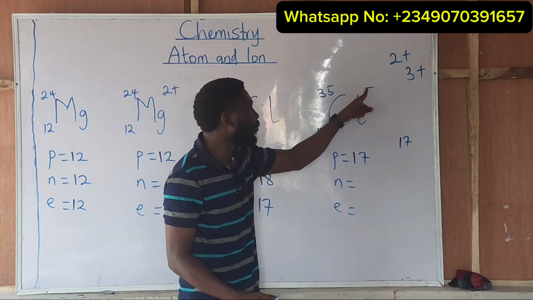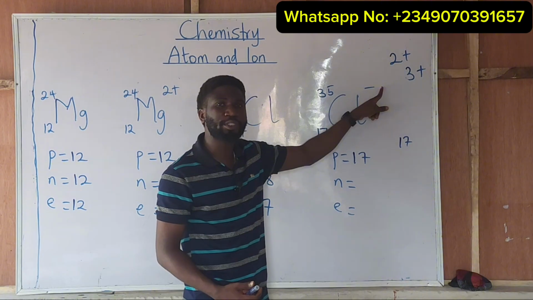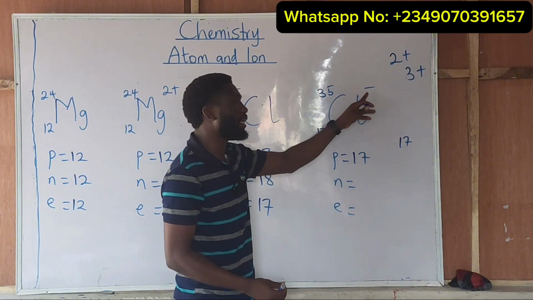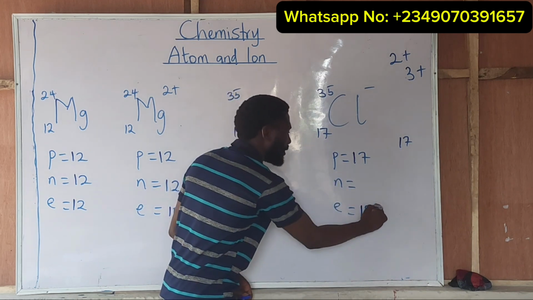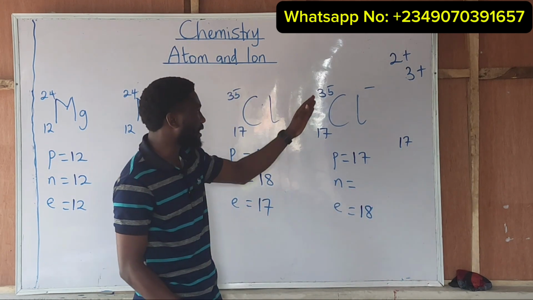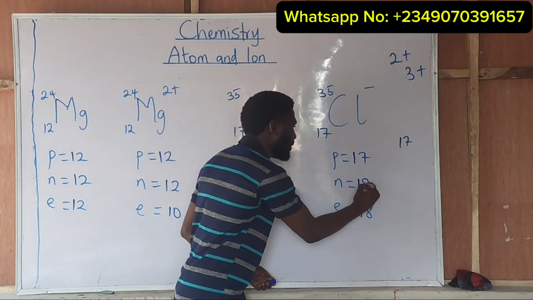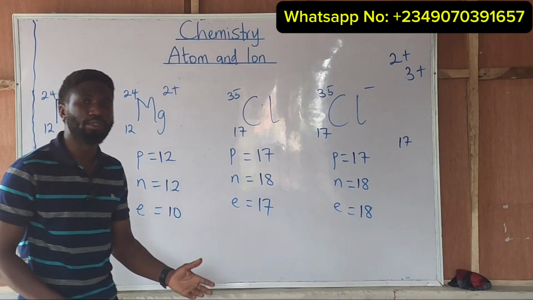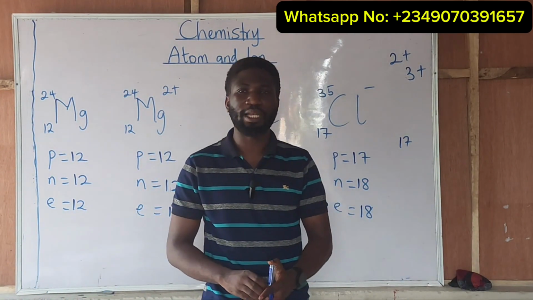So in this case, 1 electron has been gained. Let's say it is 2 minus, then we are going to say that 2 electrons have been gained. So here 1 electron has been gained. So add 1 to 17, you are going to have 18. And the neutron will be 35 minus 17, that gives us 18. So this is how we get the proton, neutron, and electron of an atom as well as an ion.